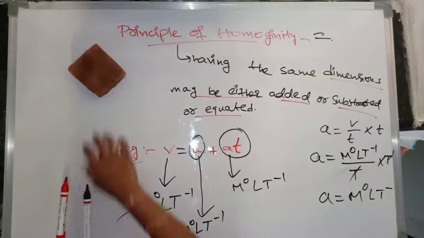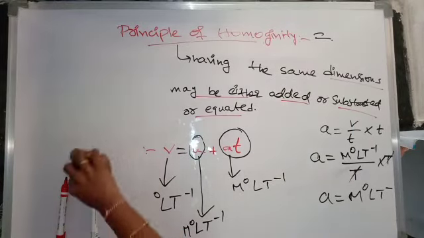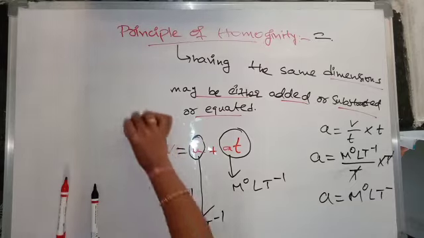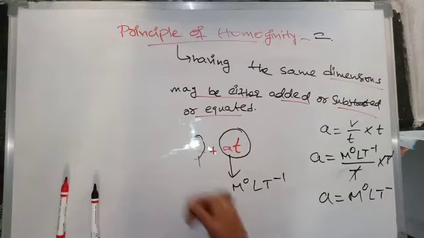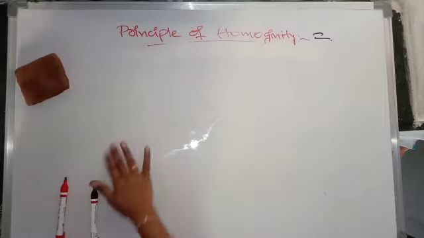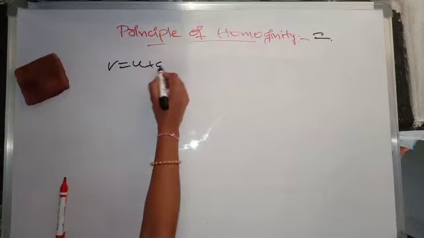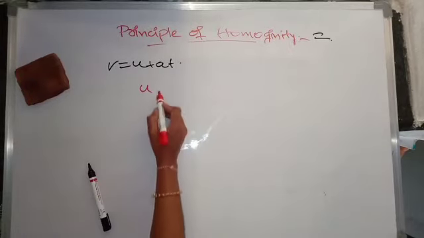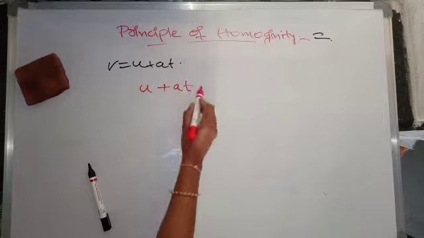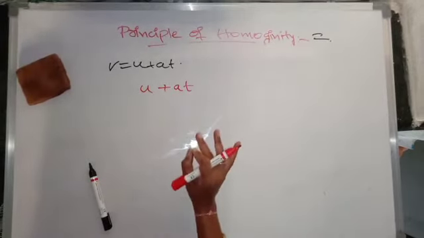We will solve a problem on this in our next lecture. Here I want to explain a few more dimensional formulas for derived physical quantities. So v equals u plus at. Here u is added to at because u and at have the same dimensions.